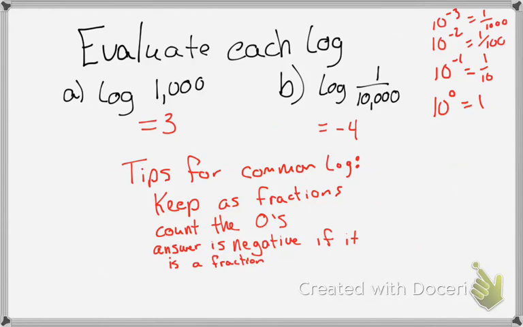And 10 to the -4 would be equal to 1 over 10,000. Since that's what I wanted, my answer is that exponent right there. Sometimes that is what you're actually going to have to do: work it out and think about it for a moment.